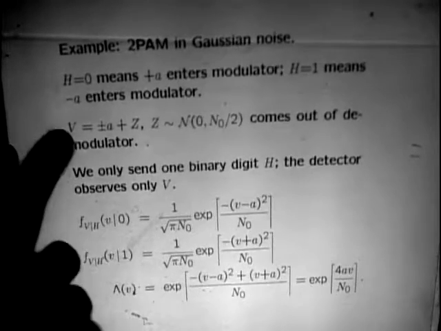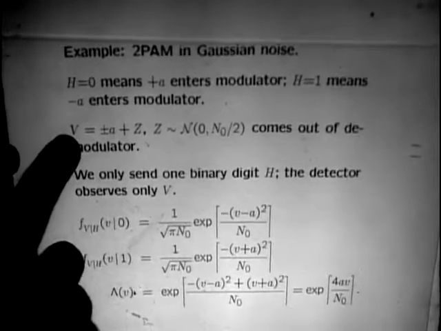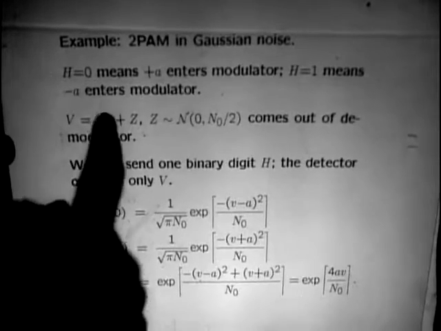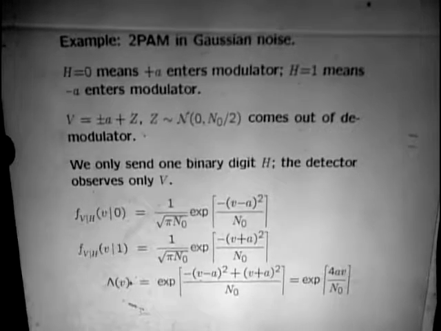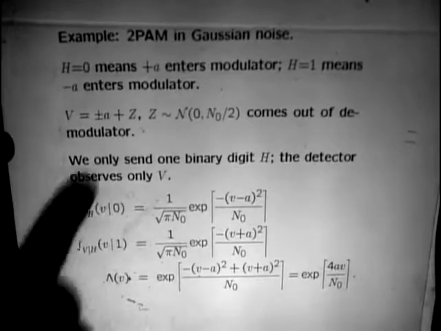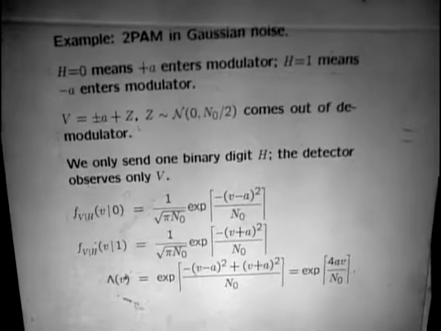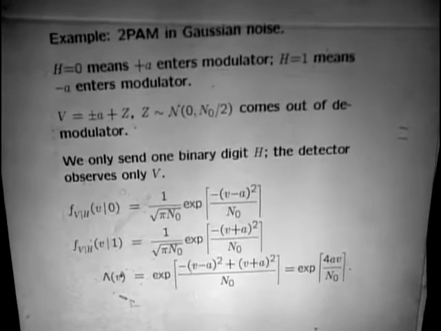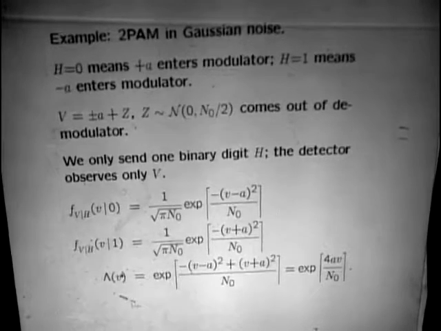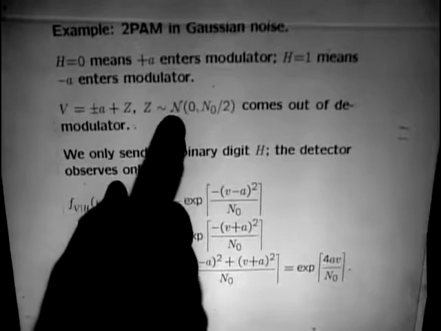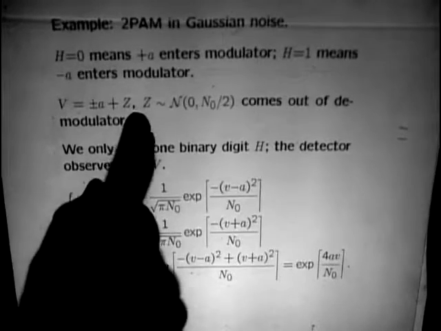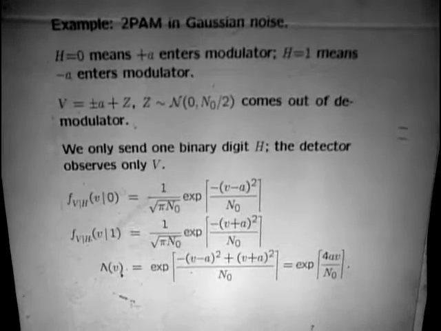Okay, so what you receive then, we'll assume, is either plus or minus A, depending on which hypothesis occurred, plus a Gaussian random variable. And here's where the notation of communication theorists rears its ugly head. We call the variance of this random variable N0 over 2.